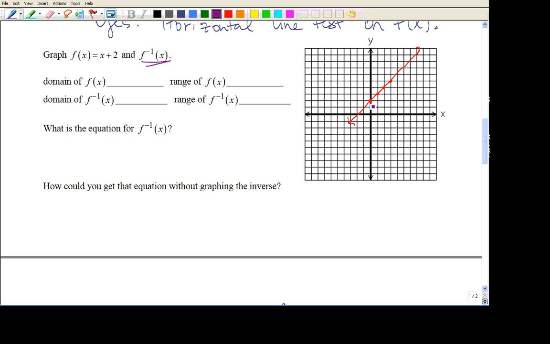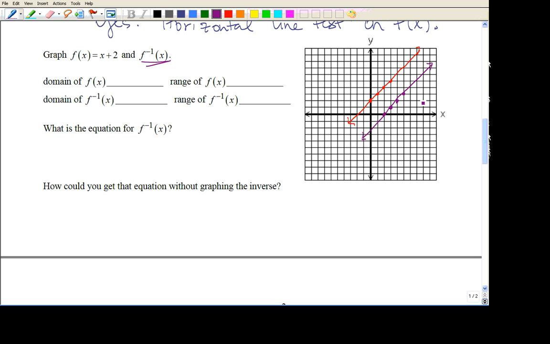So this point was at (0, 2), so let's graph the point (2, 0). This was the point (1, 3), so let's graph the point (3, 1). This is the point (2, 4), so we'll graph (4, 2). So at this point you can see what the line looks like.